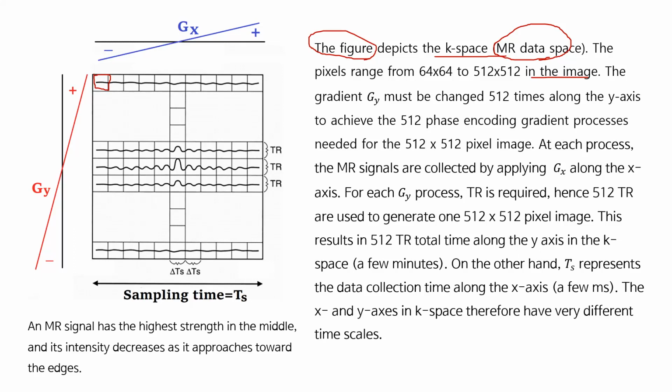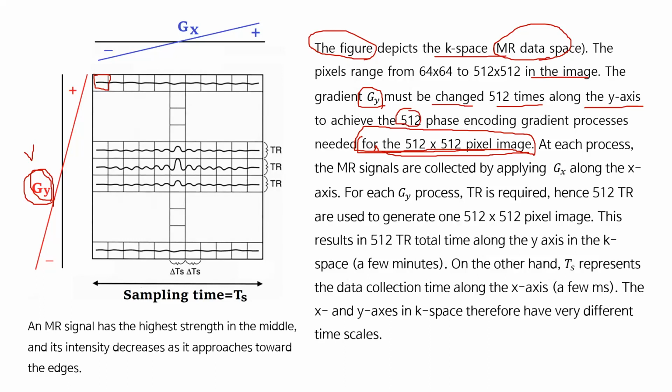The gradient Gy, the phase encoding gradient, must be changed 512 times along the y-axis to achieve the 512 phase encoding steps needed for the 512 by 512 pixel image. So for the 512 by 512 pixel image, we have to repeat the phase encoding process 512 times.